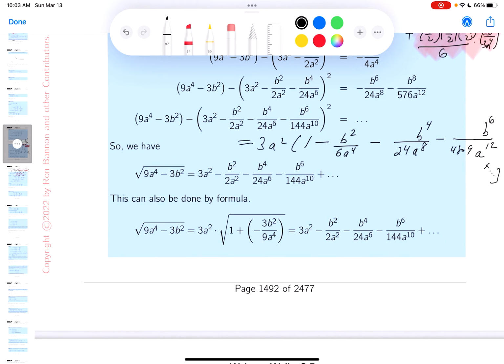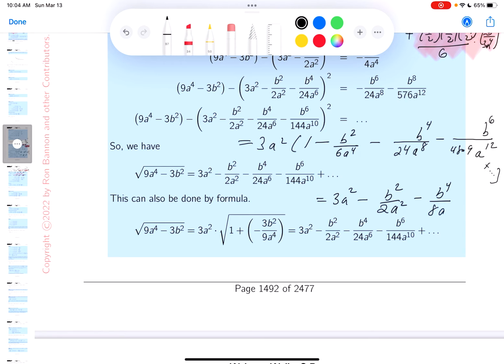So you're going to get 3a squared minus b squared over 2a squared, minus b^4. 3 goes into 24 8 times.